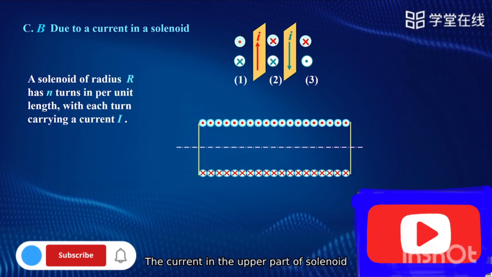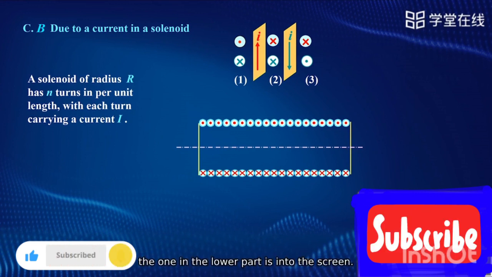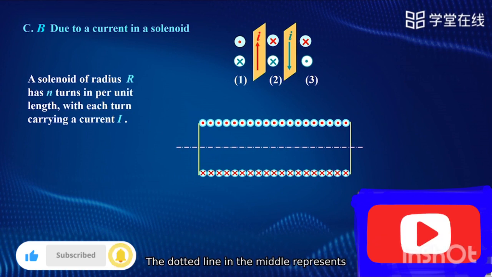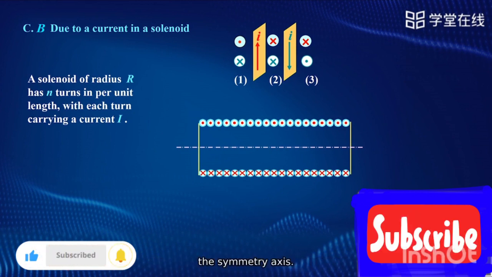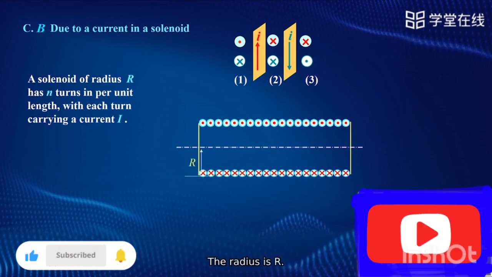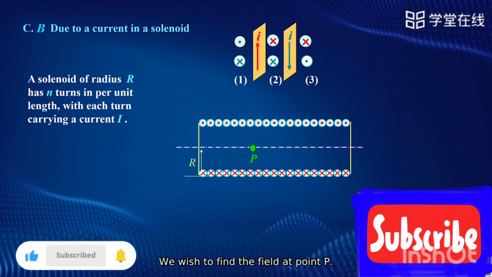The current in the upper part of the solenoid is out of the screen, and in the lower part is into the screen, and the dotted line in the middle represents the symmetric axis. The radius is r. We wish to find the field at point P.